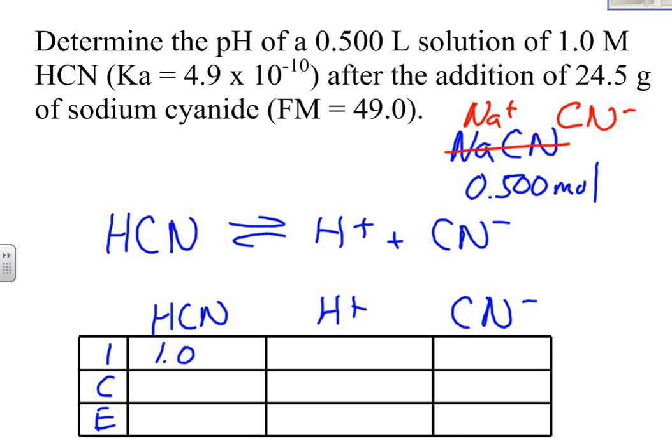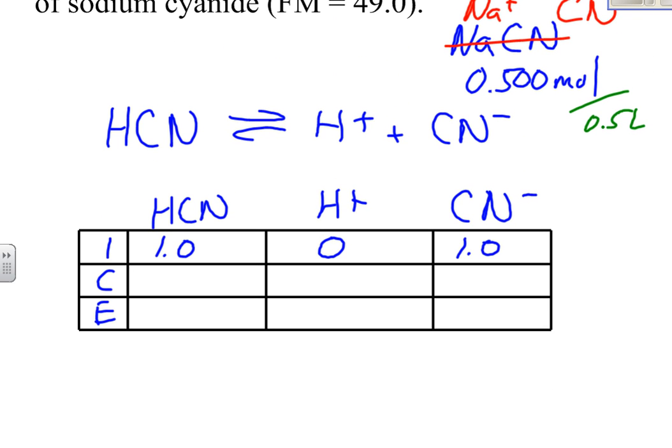Our H plus concentration, we're going to say is 0. And our cyanide concentration, we have 0.5 moles per 0.5 liters of solution, which gives us a molarity of 1.0 molar of the CN minus.